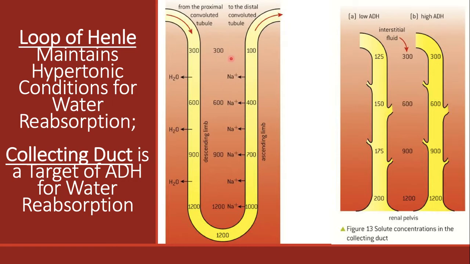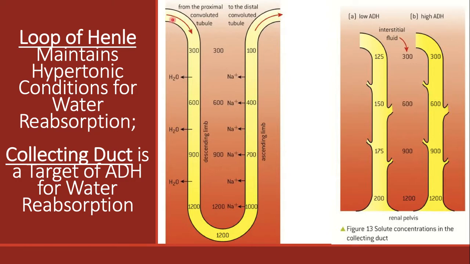300 is kind of our base osmolarity, and then we can see that it gets even saltier to 600, even more solute, saltier to 900, even more solute, and then down to 1200, even more solute. And where that's coming from is that we're pumping sodium, or I guess allowing sodium to exit the ascending loop of Henle to cause these different concentration gradients.